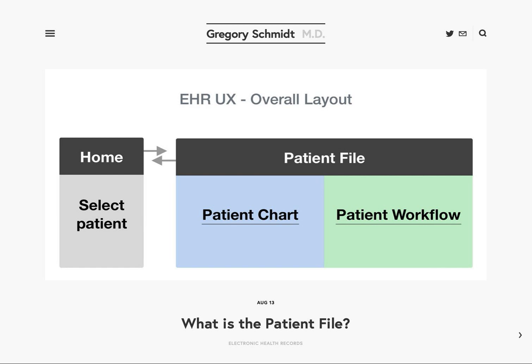And the reality is that most paper-based charts pretty much look the same. And so ideally, this patient chart will be designed using the absolute best practices in information display. It should be designed with a focus on patient safety, a focus on speed of information retrieval and information communication to the user, and to be applicable across many different care settings and users.